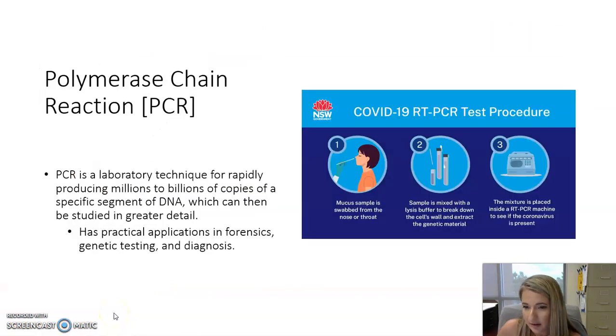Another interesting thing that involves microbiology is polymerase chain reactions. PCR is a laboratory technique where we can amplify DNA. So essentially it's how we can make more DNA in vitro outside of a living cell. But it's used in forensics if we need more DNA to run tests on. And it's also used in diagnostics.